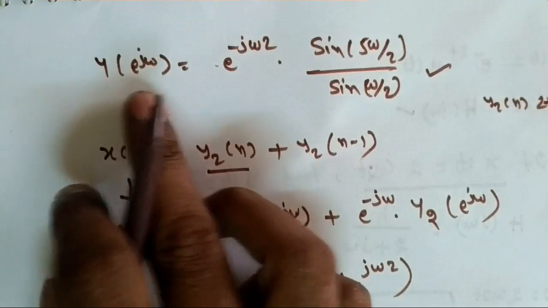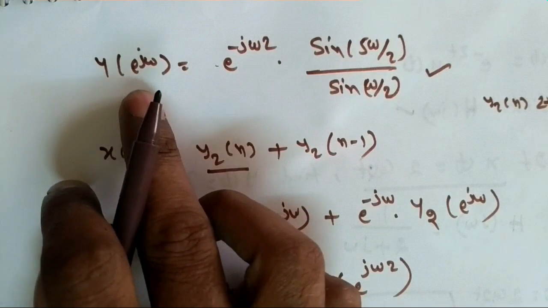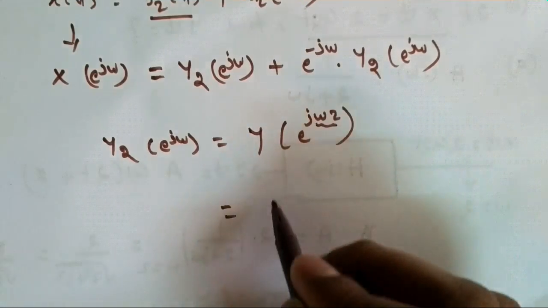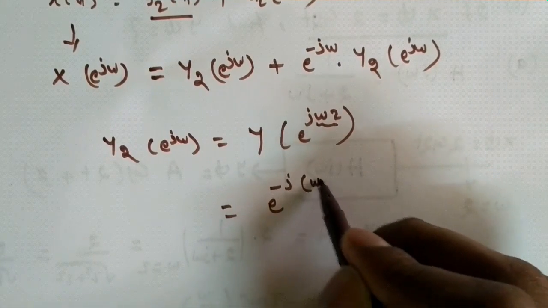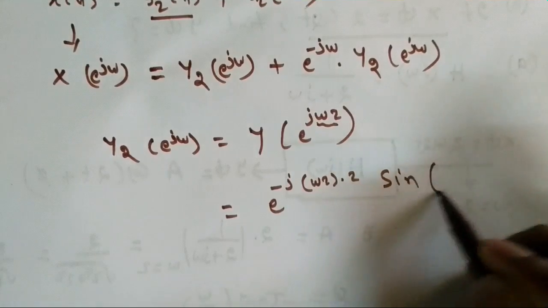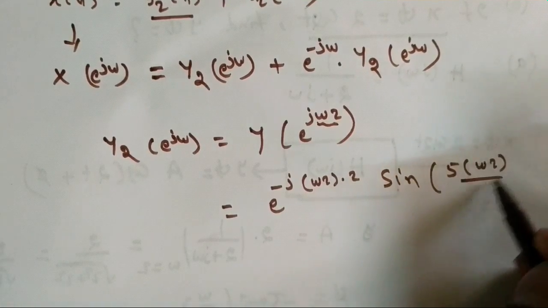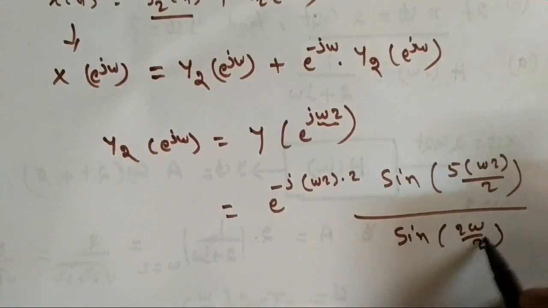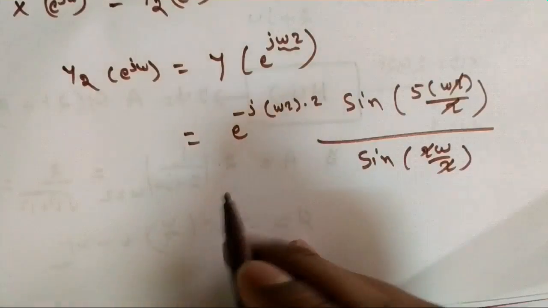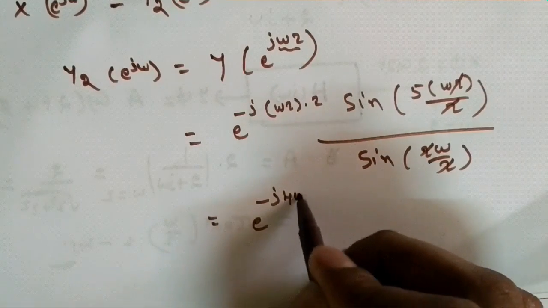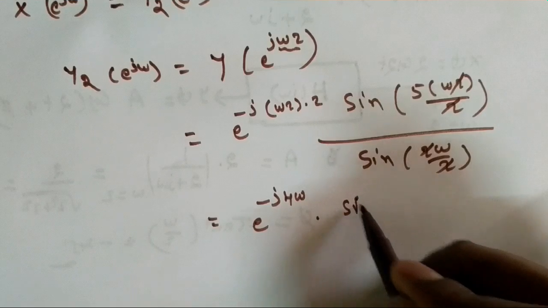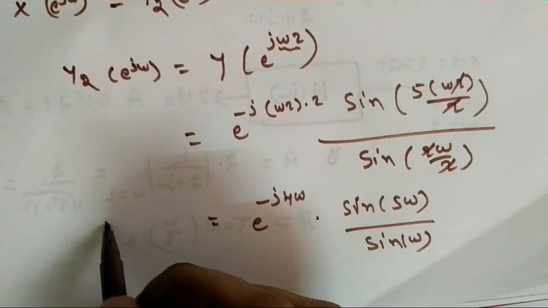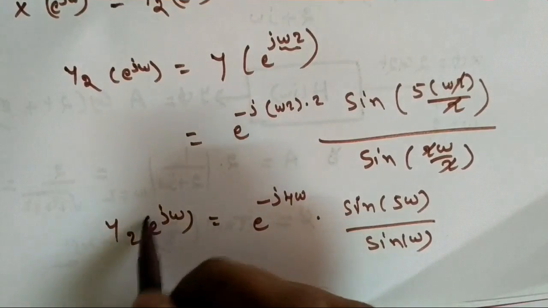So y2 of e power j omega becomes e power minus j omega 2 into 2, sine 5 into omega 2 by 2, by sine 2 omega by 2. So the 2 cancels. What is the resultant? e power minus j 4 omega into sine 5 omega by sine omega. This is y2 of e power j omega.